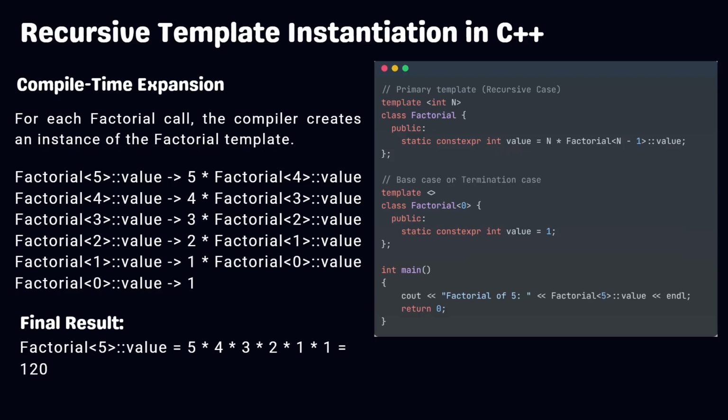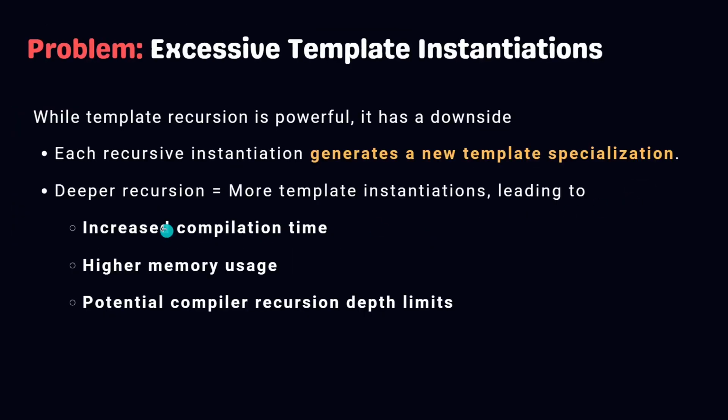The compiler has to create an instance, resolve this expression and return, then call again. So 1000 times it has to be done, and each time it creates an instance, and for each instance we need to allocate some memory. So it requires higher memory, and it increases the compilation time also.